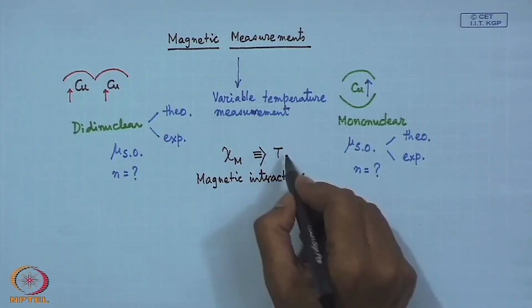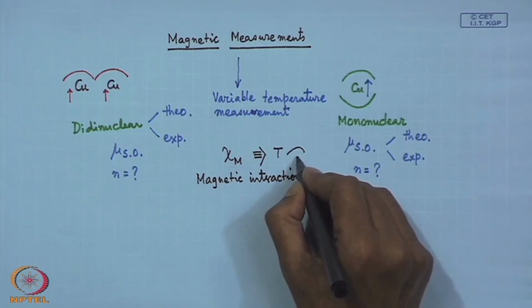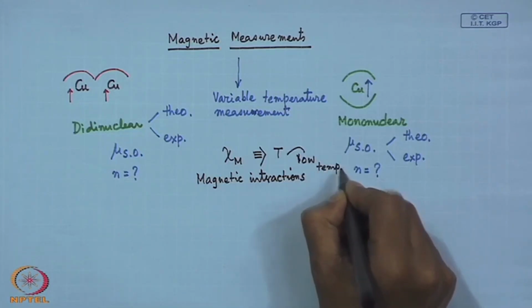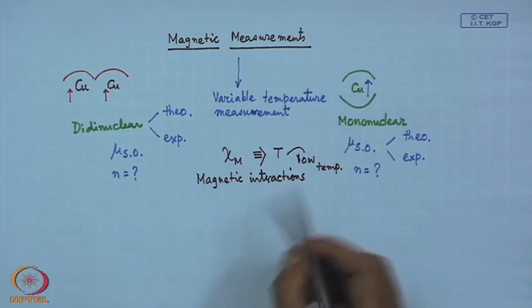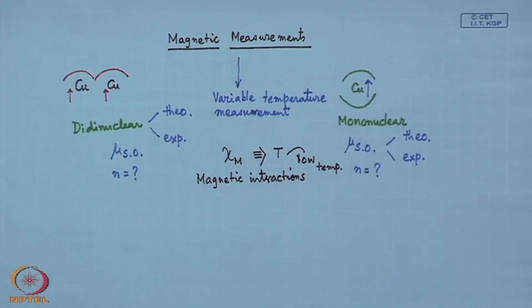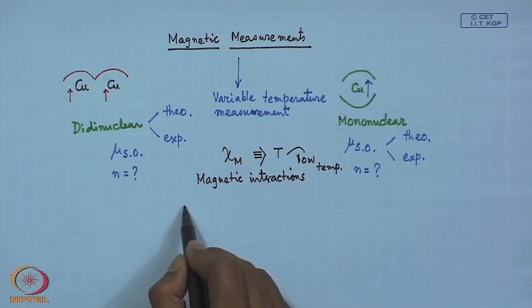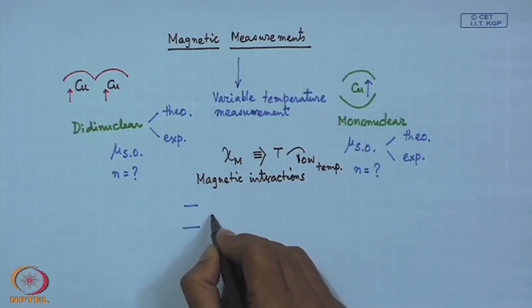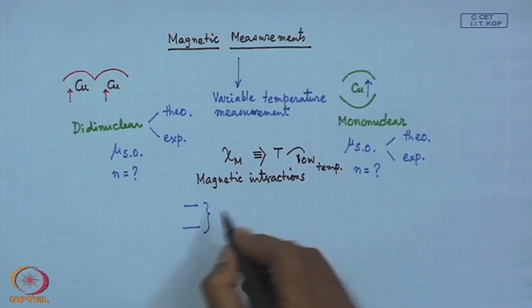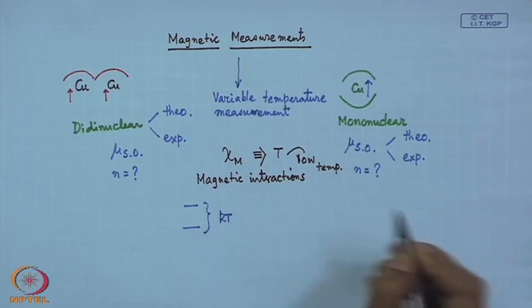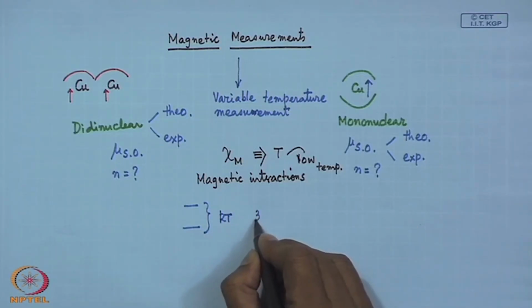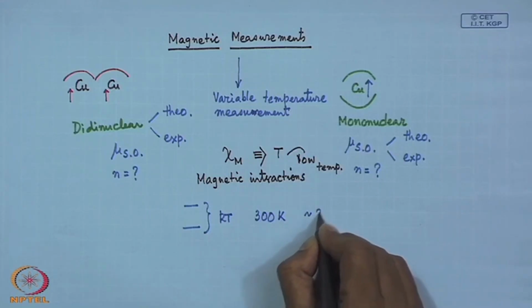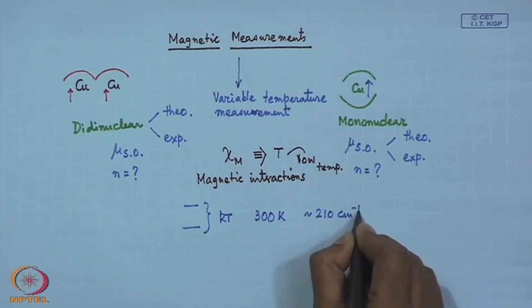are seen at a very low temperature. So, in the low temperature regime, we see the corresponding interactions. So, at this particular temperature, what we talked about in our last class, that we can have the corresponding multiplet width, and if we go down with this temperature, we are basically manipulating the corresponding thermal energy packet, that means the corresponding kT value that we are changing, which at 300 Kelvin, that means room temperature, is around 205 to 210 centimeter inverse.